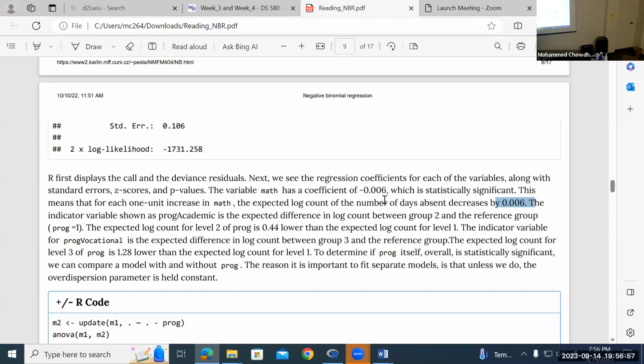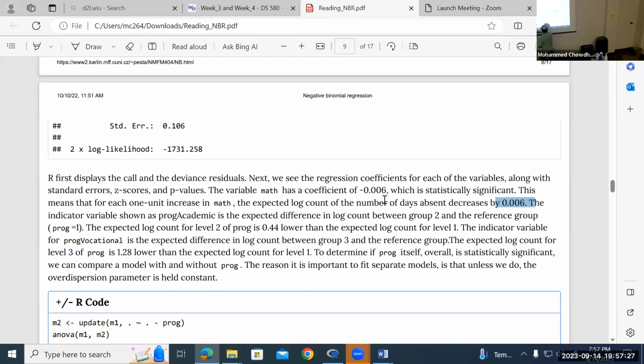So that means the students who are very good in math usually are not absent from the class. Are you understanding? That is the way this explanation would be given. So it is said the variable math has a coefficient of this, which is statistically significant. This means that for each unit increase in math, the expected log count of the number of days absent decreases by that.